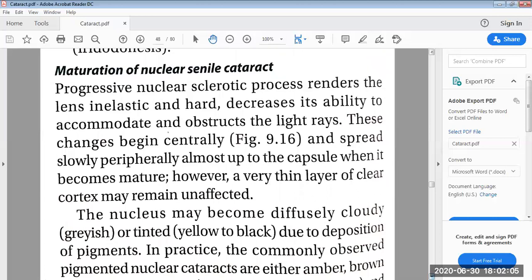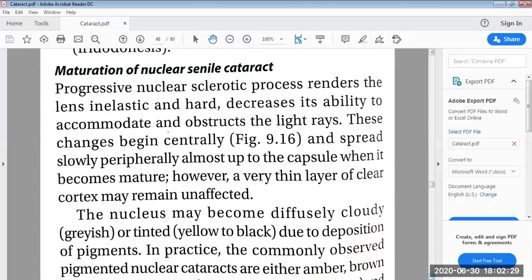Then the next topic is the maturation of the nuclear senile cataract. The progressive nuclear sclerotic process renders the lens inelastic and hard, decreases its ability to accommodate and obstructs the light rays. These changes begin centrally and spread slowly peripherally, almost up to the capsule when it becomes mature.